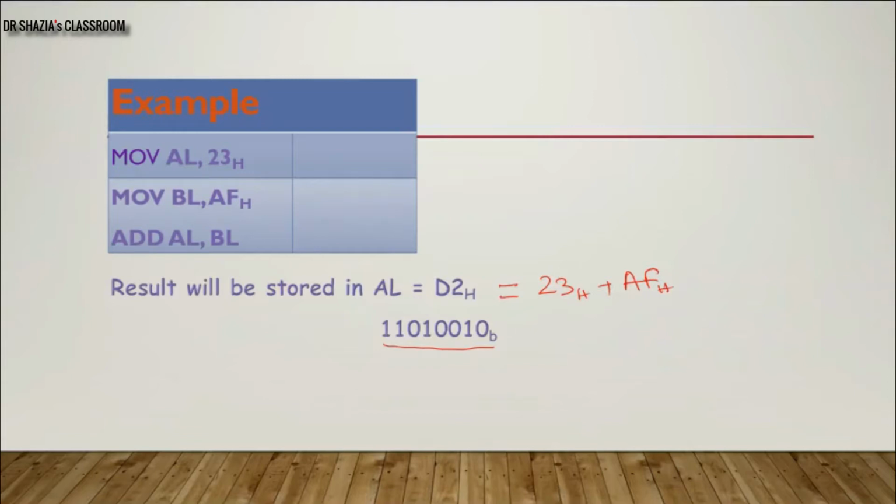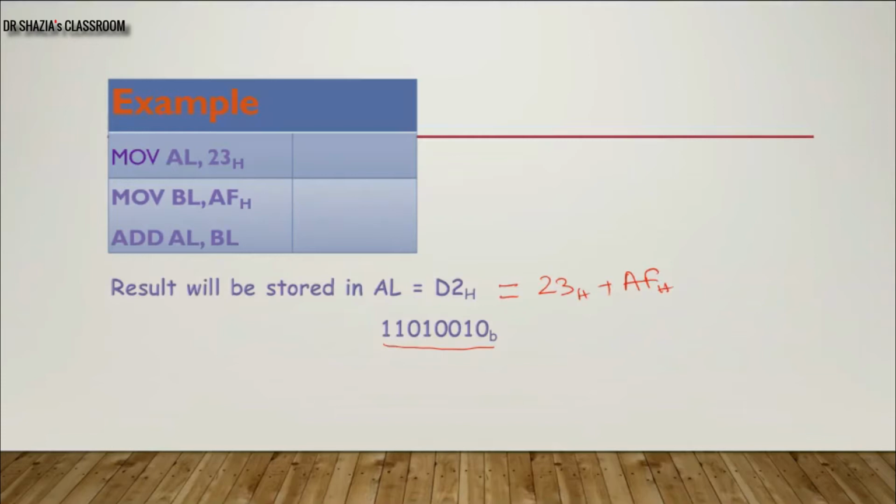As we are looking into this addition, the addition can be performed, or the result can be interpreted, in two different ways. Either I can consider this arithmetic operation to be done in unsigned format, or the arithmetic addition is done in signed number format. That means either I'm going for unsigned arithmetic addition, or I'm going for signed arithmetic addition.